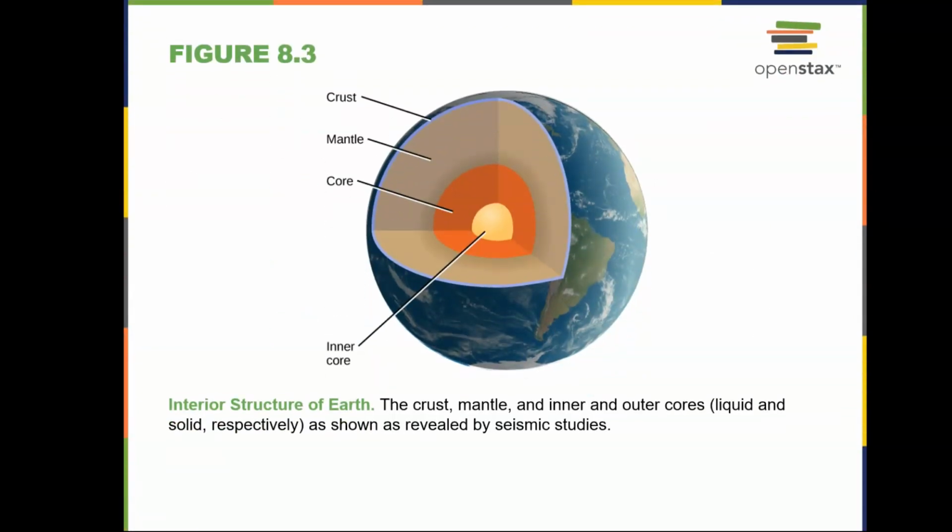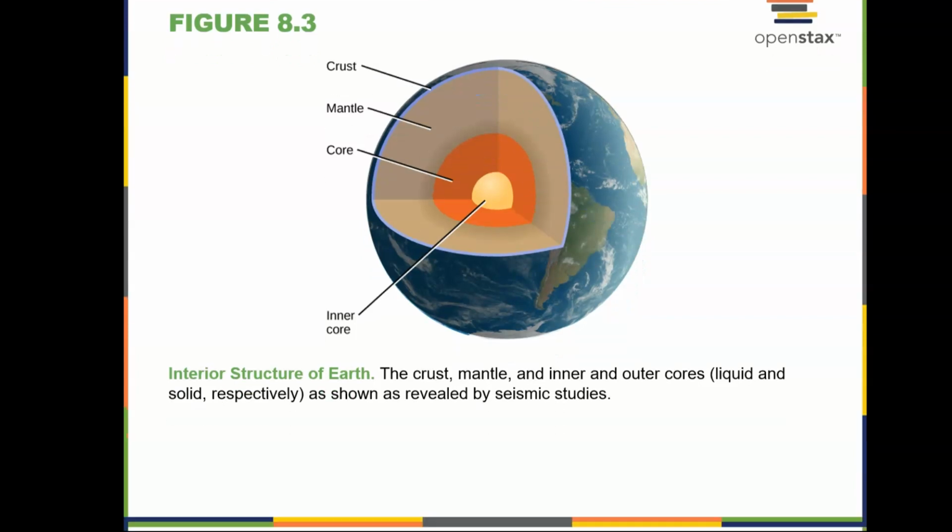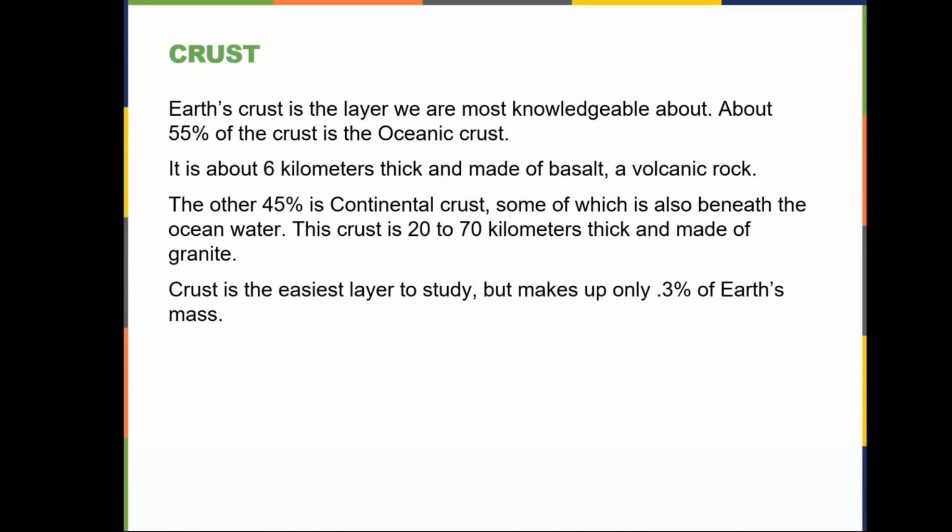Here we can see a depiction of the different layers of Earth: the crust, the mantle, and the inner and outer core. We will first discuss the crust. There are two different kinds of crust: oceanic and continental. About 55% of the crust is oceanic crust.